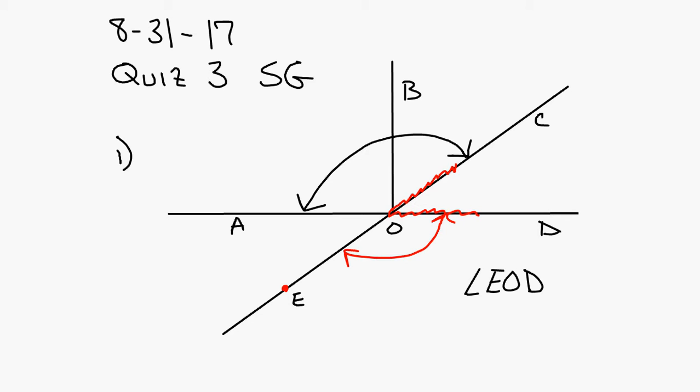AOC is also supplementary. Does everybody see that? AOC helps form this horizontal line, and EOD helps form this diagonal line. So they're both supplementary. See it? When you're taking these quizzes, the use of a highlighter is very beneficial.